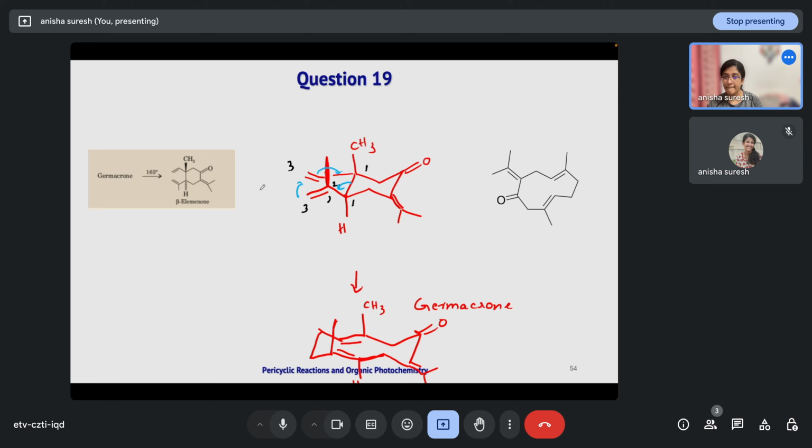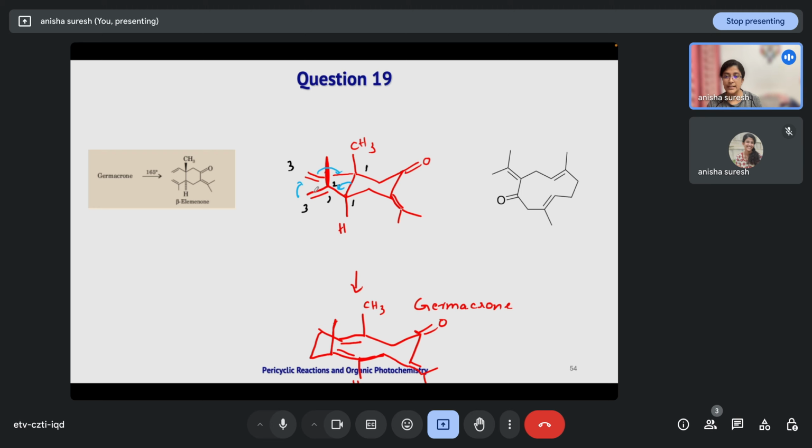Okay, so you can draw the chair conformation for understanding how the stereochemistry of the new alkenes will be defined. Okay, any doubts?